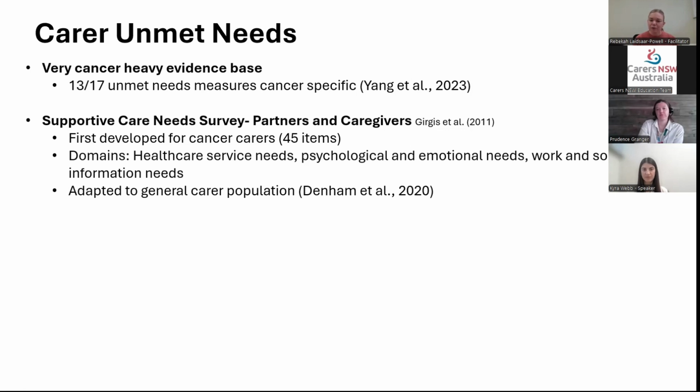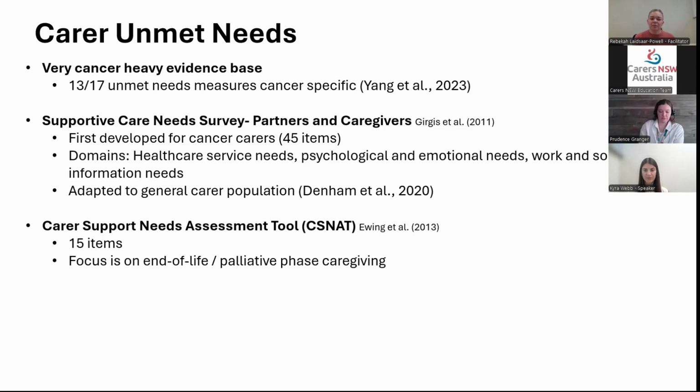It's 45 items and it looks at a number of different domains: health service needs, psychological and emotional needs, work, information needs, and social needs. It was adapted for the general population in 2020, but still probably needs a bit of work in terms of adapting it further and validating it further.